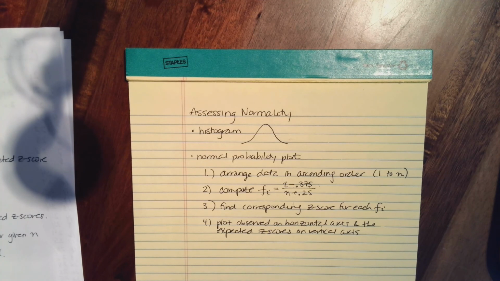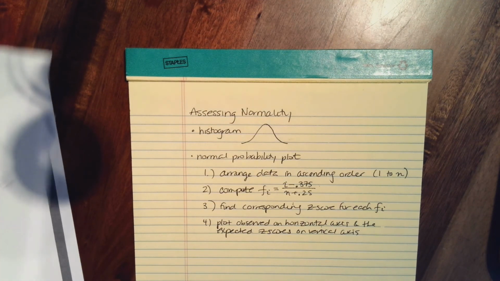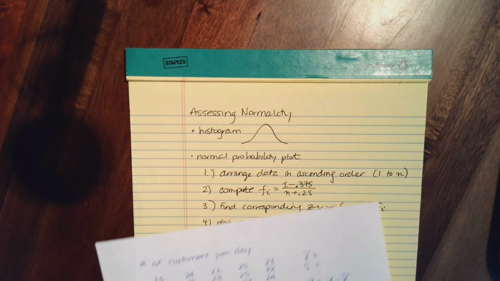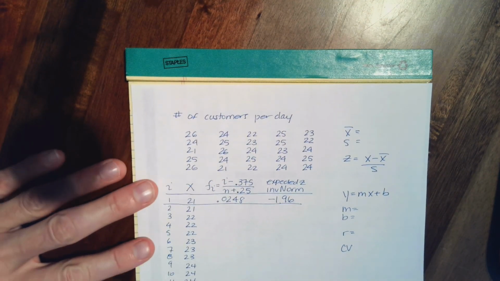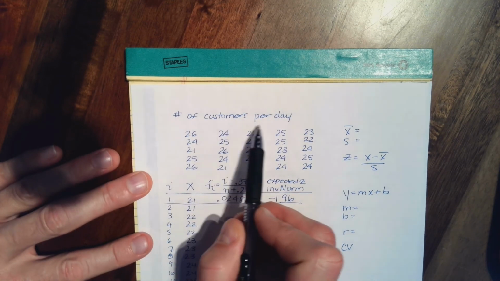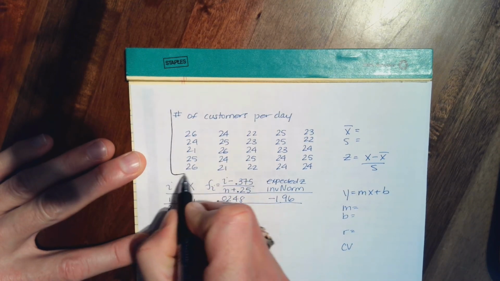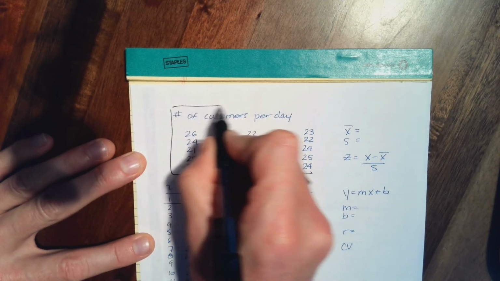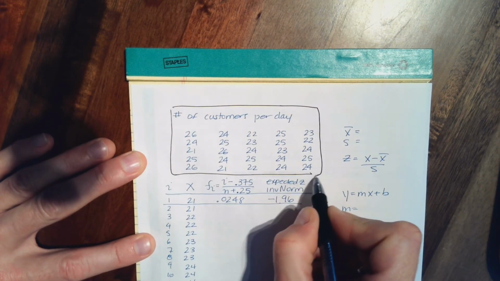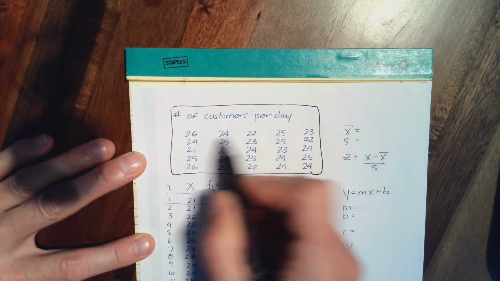So let's look at some raw data. Here I have some data from a business. These are the number of customers they see in a day. And so here's my raw data. There are, let's see, I think there are 25 observations, 1, 2, 3, 4, 5, and 1, 2, 3, 4, 5, yeah, 25.